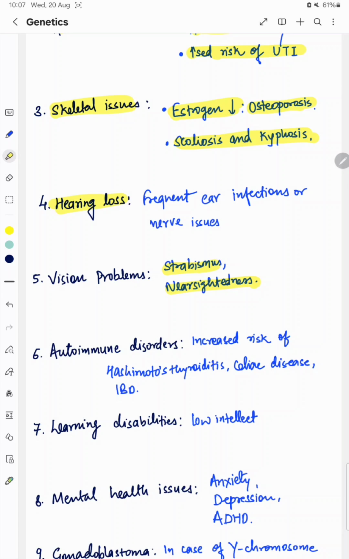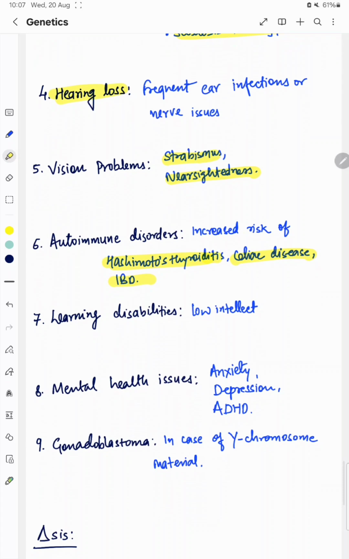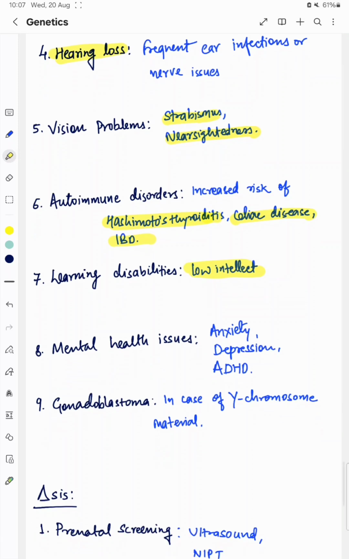Patients with Turner syndrome have a higher tendency to have autoimmune disorders like Hashimoto's thyroiditis, celiac disease, and inflammatory bowel disease. Learning disabilities. Patients with Turner syndrome particularly have a low intellectual ability.